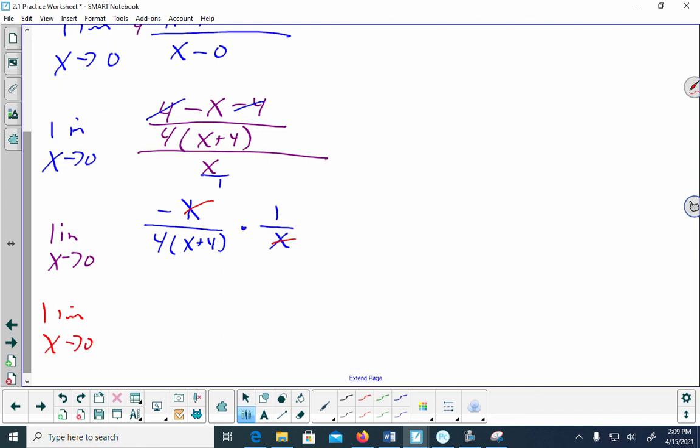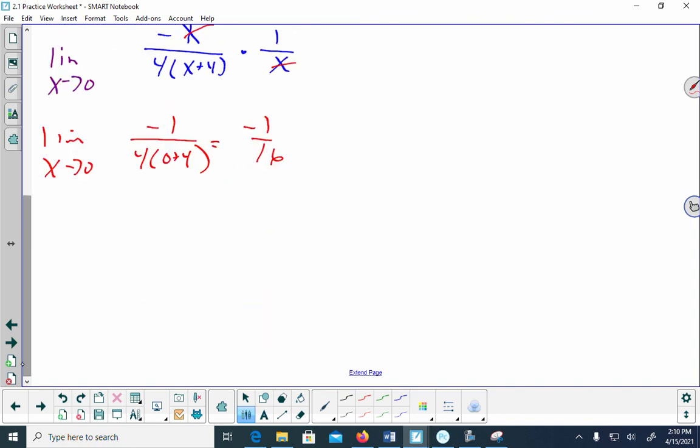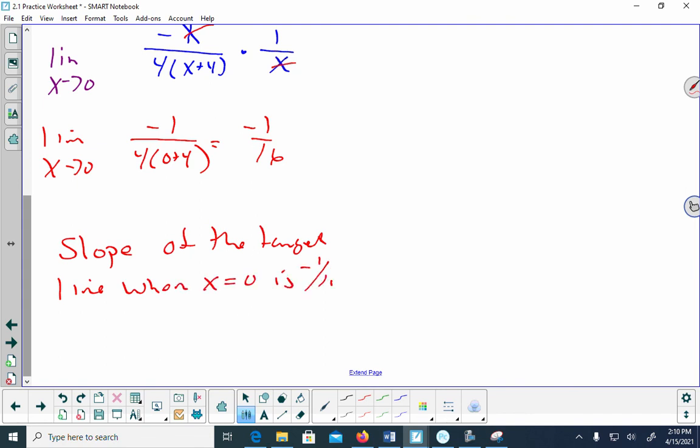And when I do that, I'm going to have -1 over 4 times 0 plus 4. So I'm going to get -1/16. So the slope of the tangent line when x is equal to 0 is -1/16.